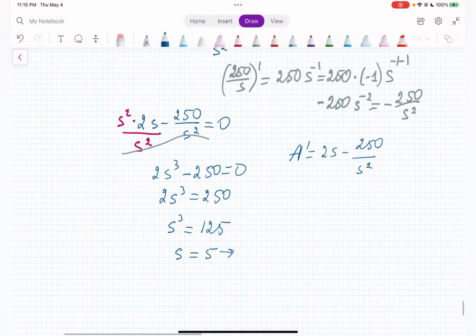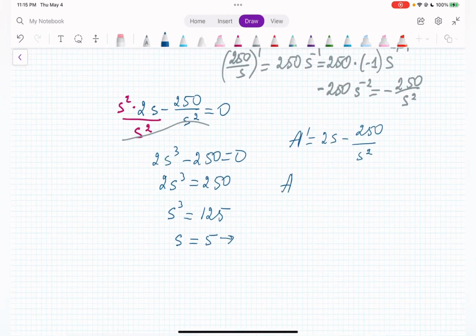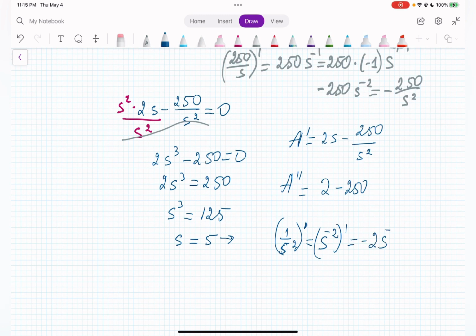Now if you take the second derivative, it's going to be equal to 2, and minus 250 times the derivative of 1 over s squared. I am going to represent it as s to the power negative 2, prime, and this is equal to negative 2 s to the power negative 3, negative 2 minus 1, negative 3.